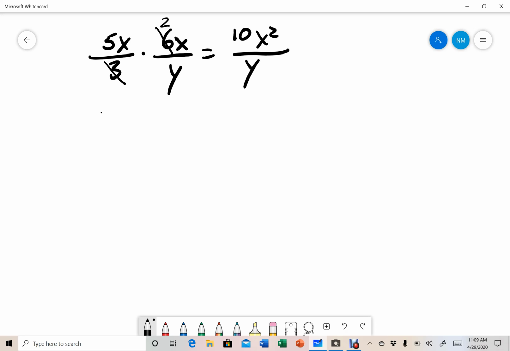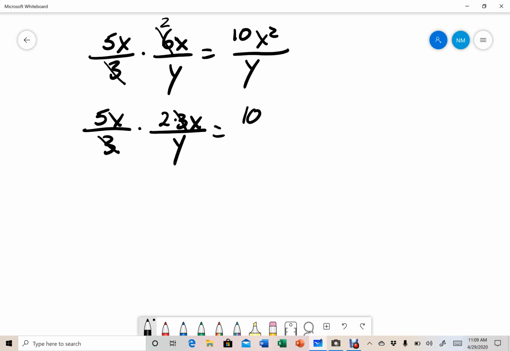If this helps you, you can also say 5x over 3 times 2 times 3, and x over y. So if it helps you to break down your numbers into their factors in order for you to see what can cancel out, then do that.